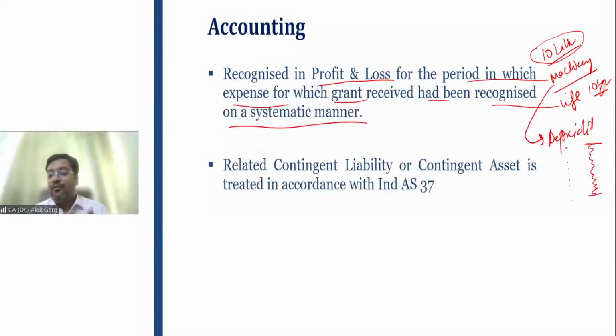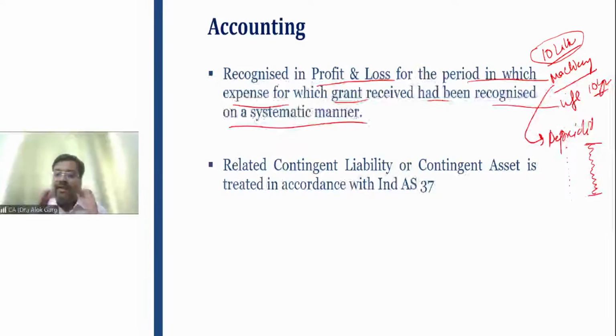The future is uncertain. For example, tomorrow there will be some problem and the entity will not be able to complete the hiring of 1,000 people. And you have already told us to recognize this government grant in P&L, but still the time period has not elapsed.